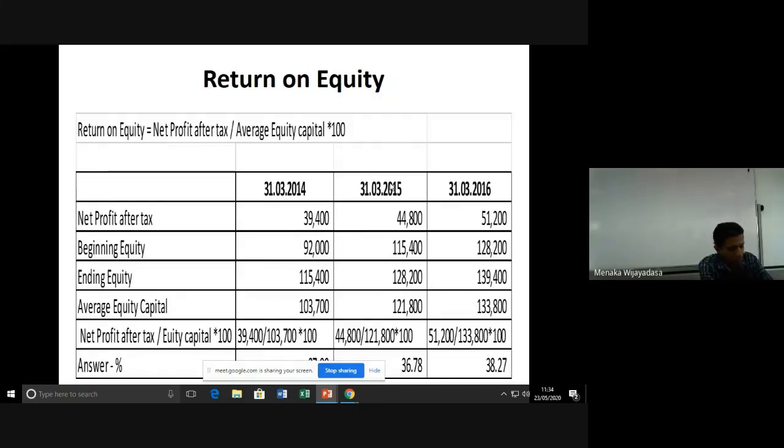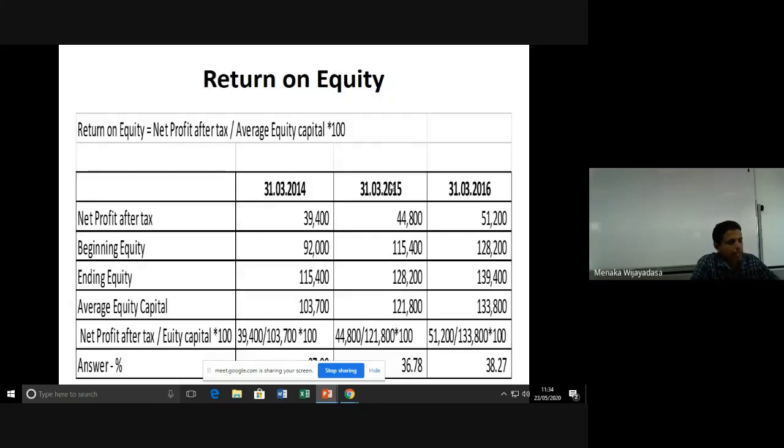In the balance sheet, under capital and reserves, the subtotal is 128,200, which comprises 112,000 of stated capital plus retained earnings of 16,200.